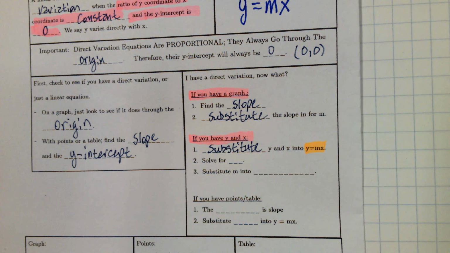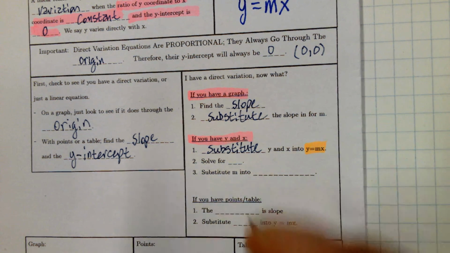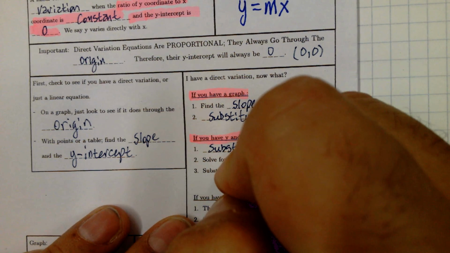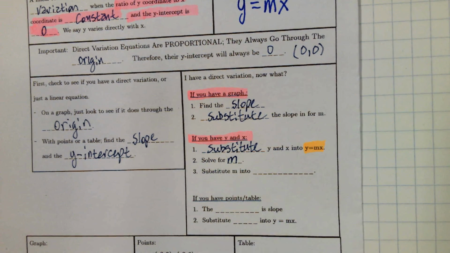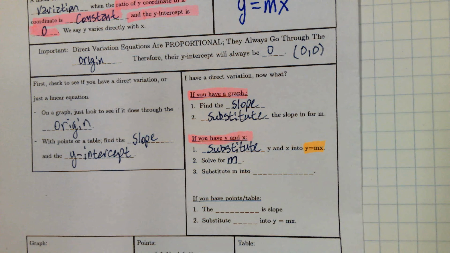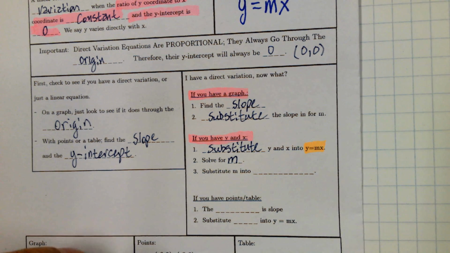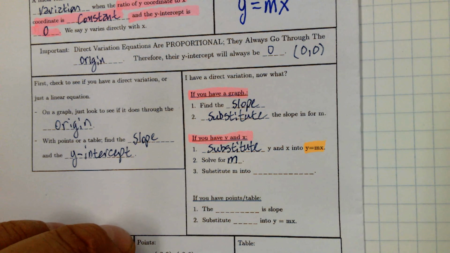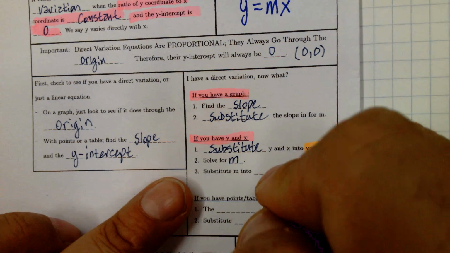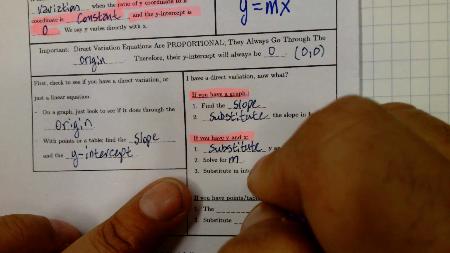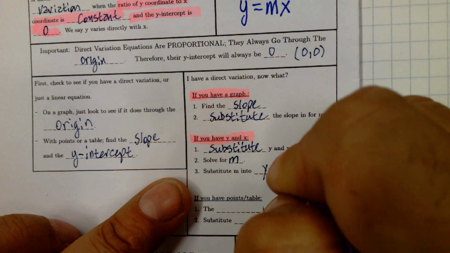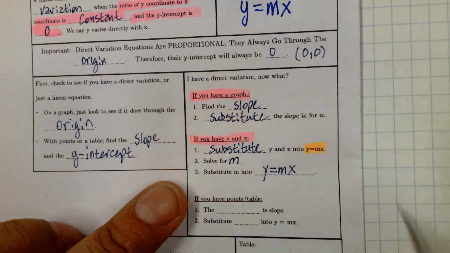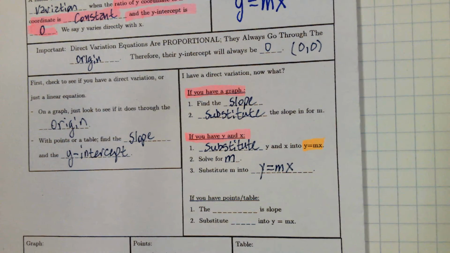And then we're just going to solve for m. And then once we find the slope, that m number, we're just going to substitute m into our original equation, y equals mx. And we'll have our equation with the slope.